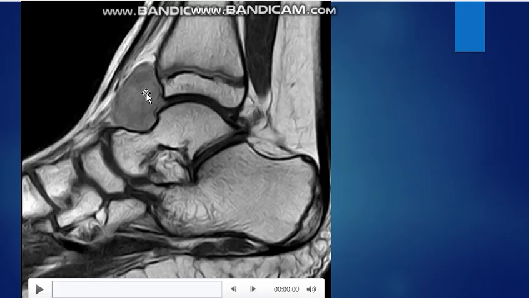This is how giant cell tumor is seen on the MRI sequence. There is a well-defined soft tissue mass located anterior to the ankle joint, or anterior to the tibio-talar joint, and is seen deep to the subcutaneous fat and deep to the extensor tendons of the foot.